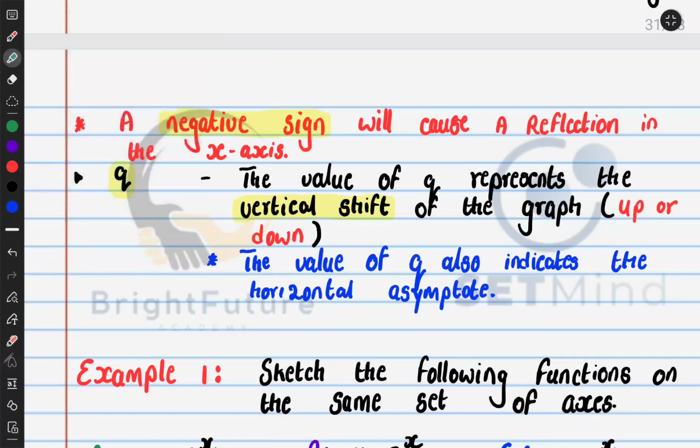In other words, the value of q also indicates the horizontal asymptote. So basically the equation of the horizontal asymptote will be y is equal to q. That will be your equation of the asymptote.